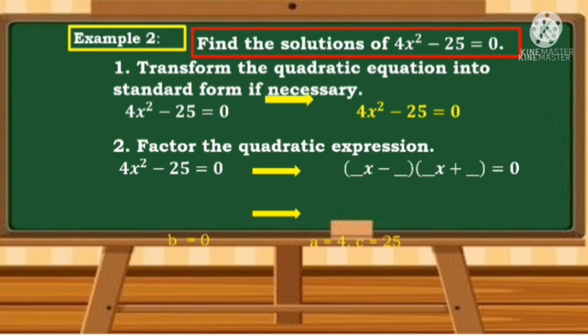Since 4 and 25 are perfect squares, the square root of 4 is 2 and the square root of 25 is 5. So we are going to write 2 on the left side of x and 5 at the right side of the positive and negative sign. Therefore, the factors are 2x minus 5 and 2x plus 5 equals 0.